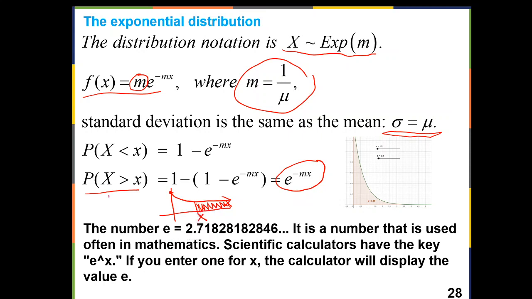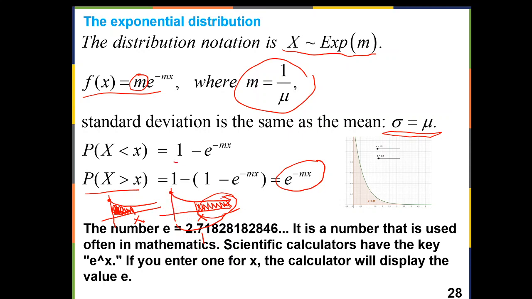And let's say we want the probability that x is less than this x here, all the way to 0, that area. Well, the whole thing is 1, all the way to infinity, so it's 1 minus this, right?